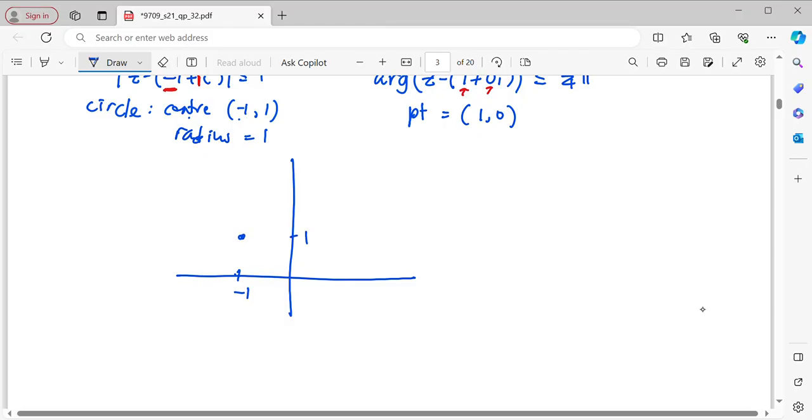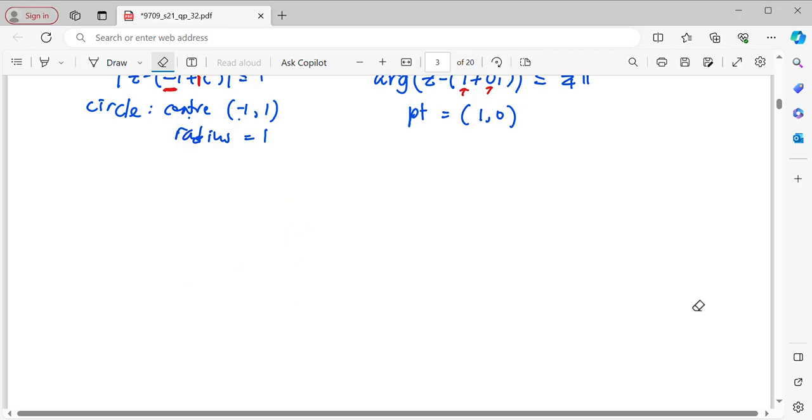This is the center. Radius is 1 means that this is going to be 2. Then here 0, touching all these points because the distance is 1. So that is the radius. Now I have to join all these points, so I will draw the circle first.